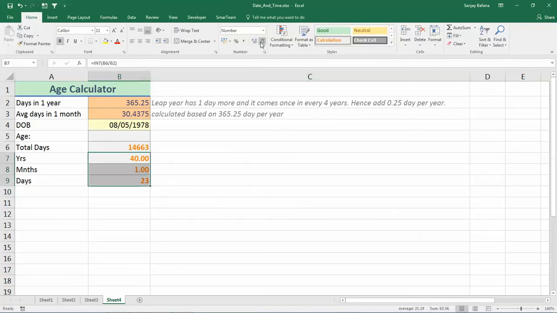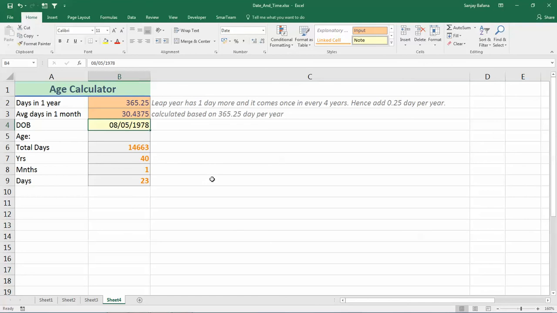And I will hide the decimal places for all these numbers. So the age as on today, if your date of birth is 8th May 1978, is 40 years, 1 month and 23 days.